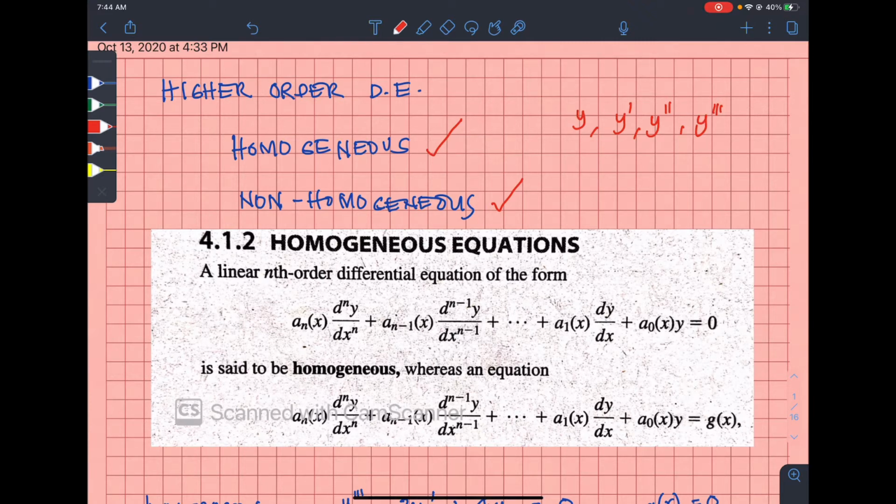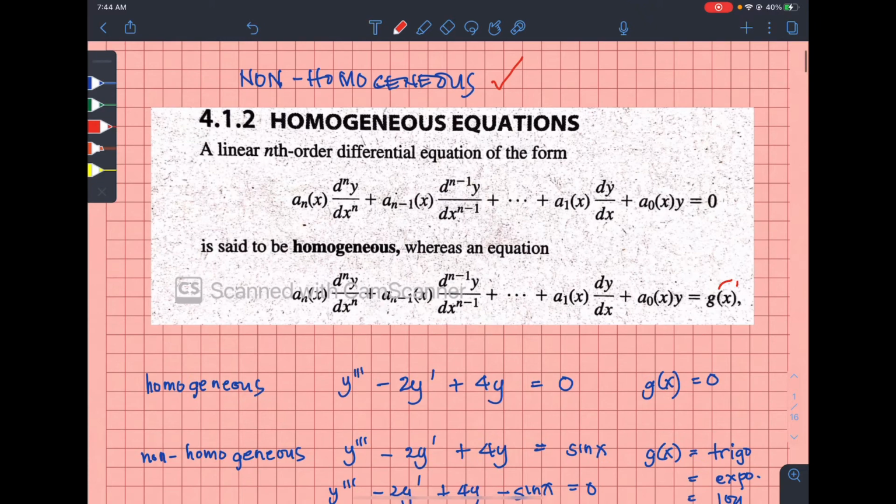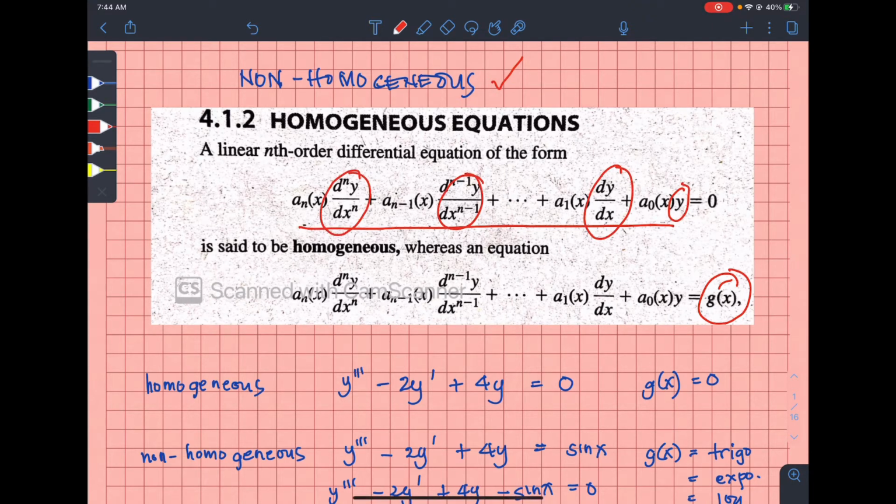But when we say non-homogeneous, that is a differential equation which contains the dependent variable y, its derivatives, and other functions as well. That is what we are referring to as g of x. As you can see here, the homogeneous equation would be this format: an equation that involves the dependent variable y and its derivatives only, equated to 0.